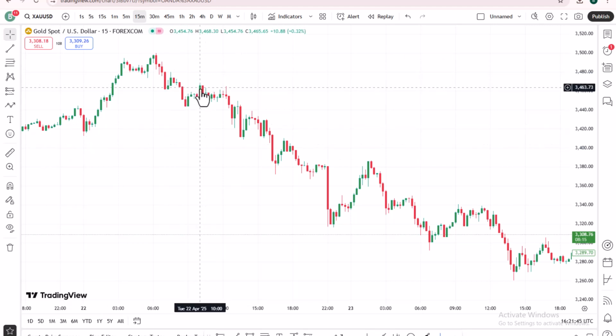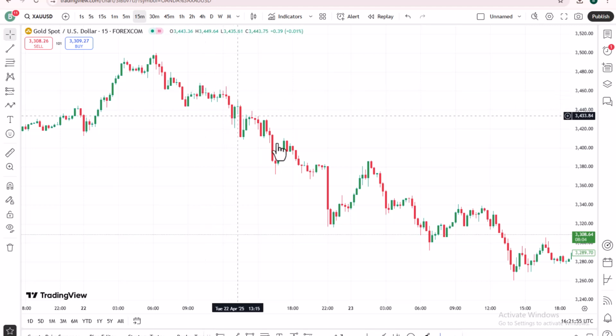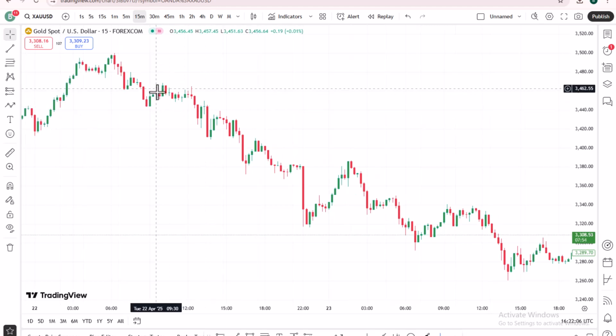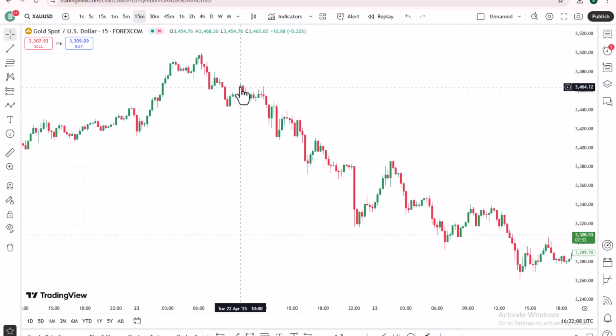But this is not the kind of pattern I normally trade. For me to confirm that I need to sell, the second candle needs to be a little volatile. I think it needs to be a little strong. This is very small for me to decide to maybe sell the market.